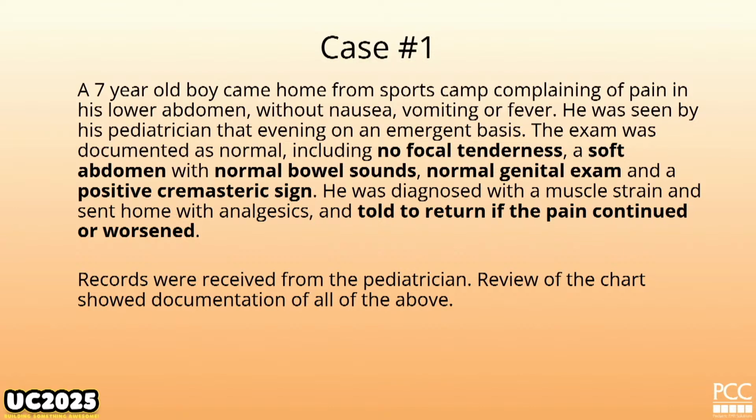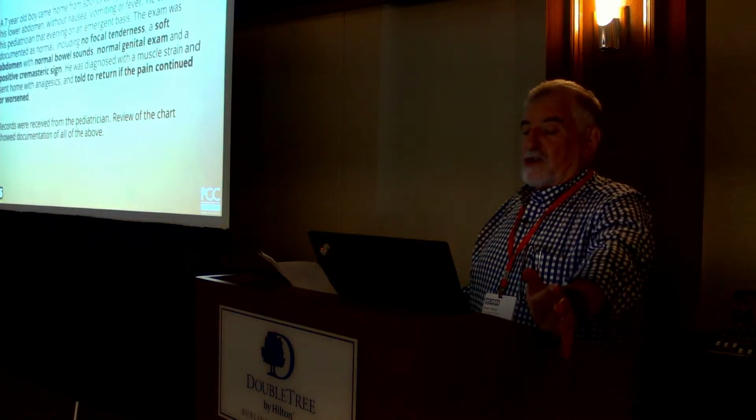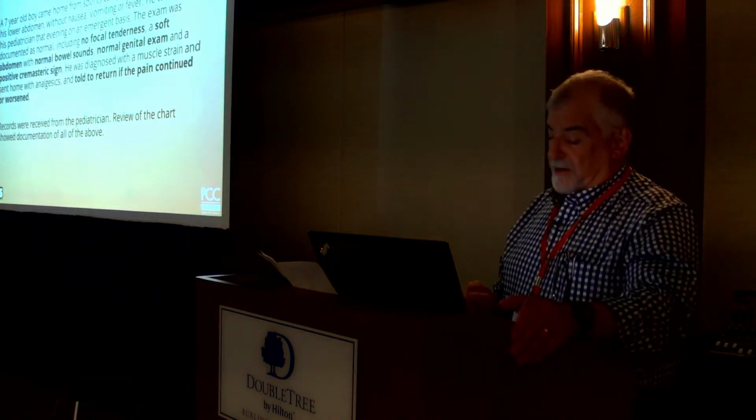He was diagnosed with a muscle strain and sent home with analgesics and told to return if the pain continued or worsened. These records were received directly from the pediatrician. I received them from the pediatrician's lawyer, and review of the chart showed documentation of all of the above.